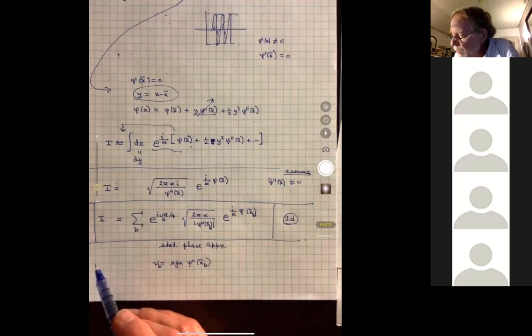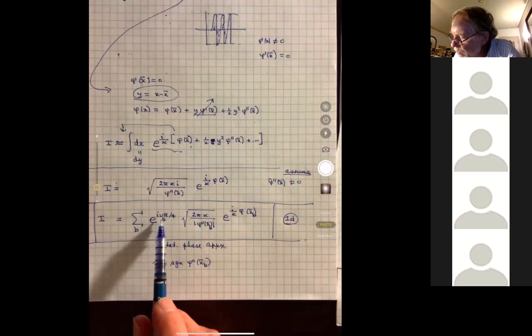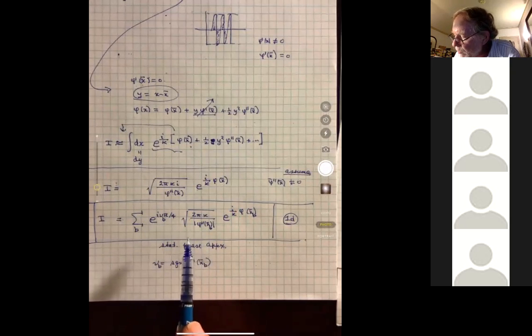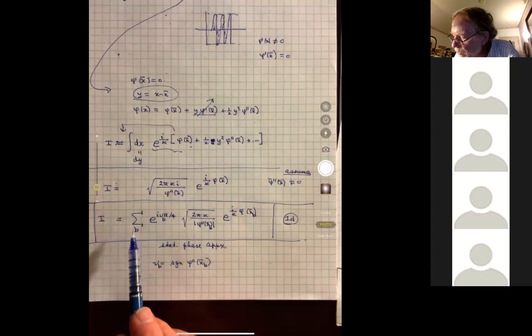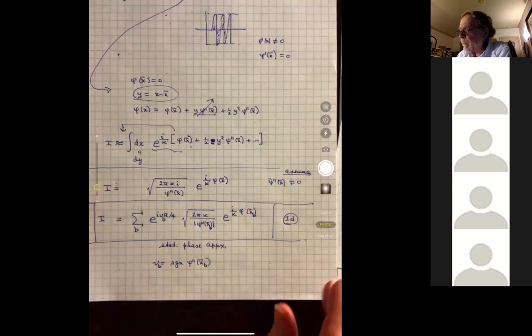But in any case, when you do all of that, you end up with a formula that looks very similar to this. The nu here is going to be replaced by the difference between the number of positive and negative eigenvalues of the second derivative matrix. But except for that, it's a sum over the critical points, and it looks very similar to this one-dimensional problem.